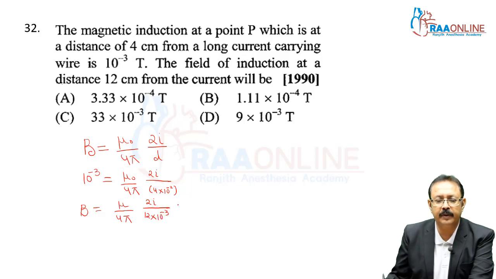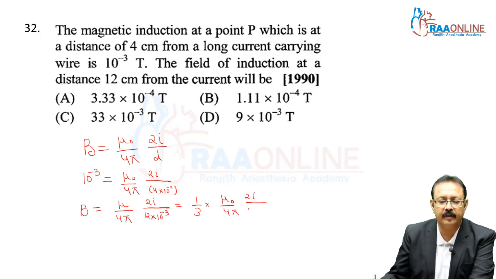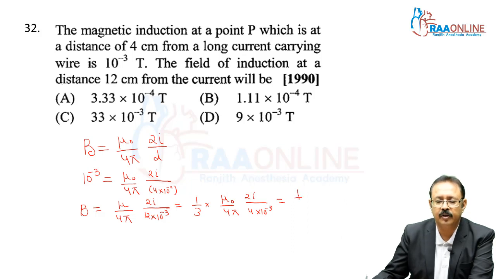Means we triple the length, take 3 outside. What you are getting? Mu naught upon 4 pi, 2I by 4 into 10 to the power minus 3. And you know the value of this? 10 to the power minus 3. So now we are getting 1 by 3 into 10 to the power minus 3 Tesla.